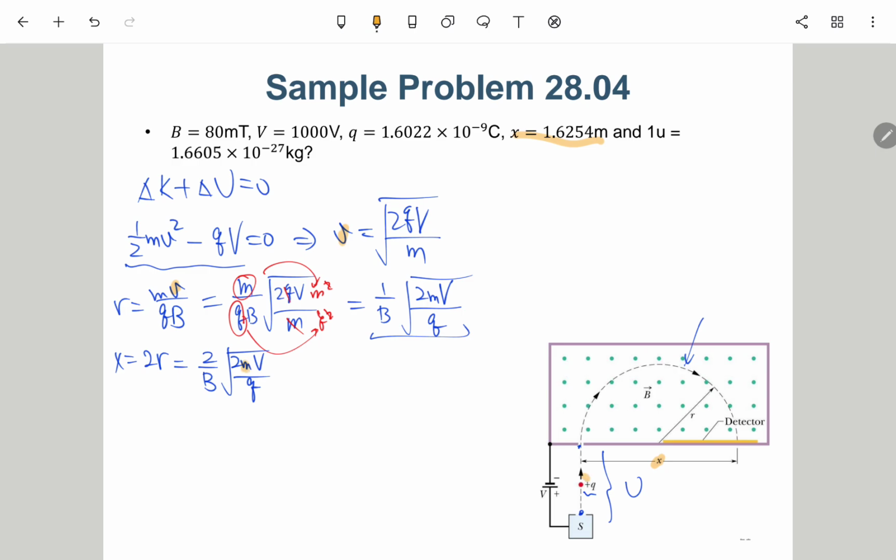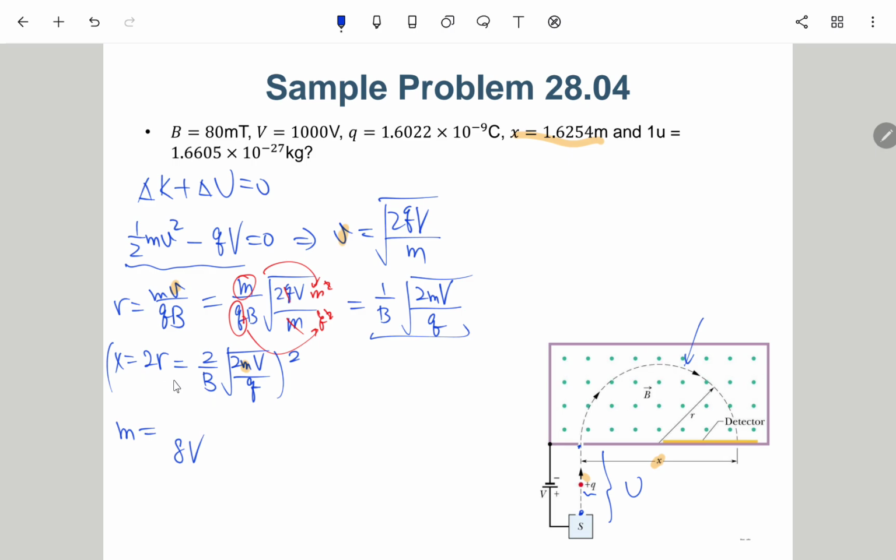So we can take the square on both sides and then solve for m. Finally we have m equals 8v. We have 2 square root of 2 and then square root of v, so the square will be 8v, and then move it to the other side.